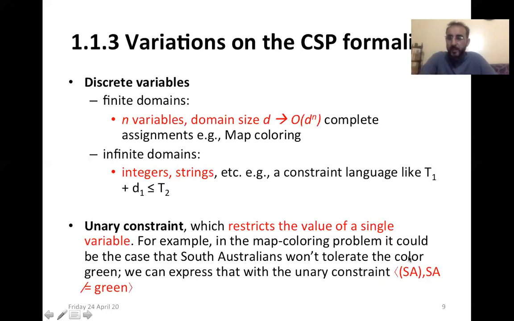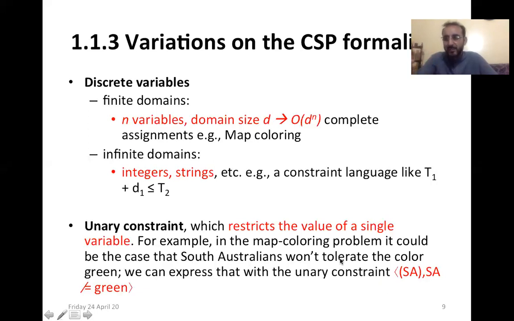How can you represent it in the form of a constraint? Let's see here. Angle bracket start, angle bracket end, and we have only one variable here, SA, for South Australia, and SA not equal to green. So this constraint means this one. So this is our example.